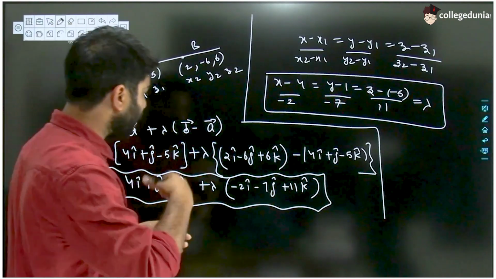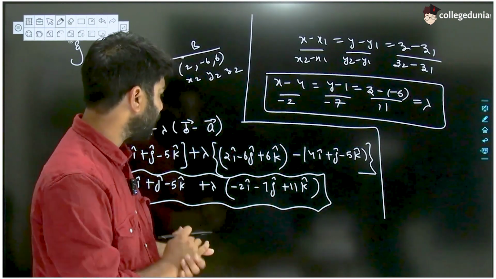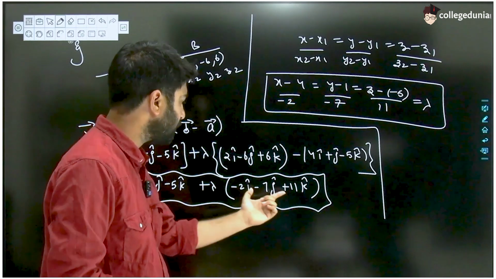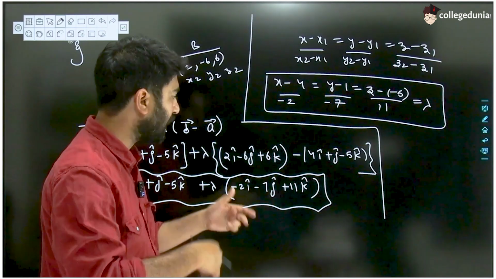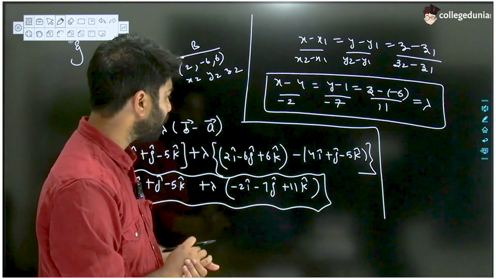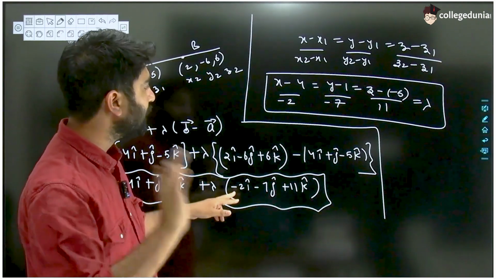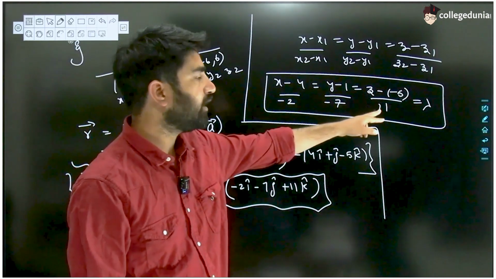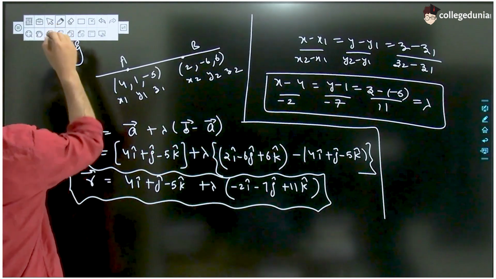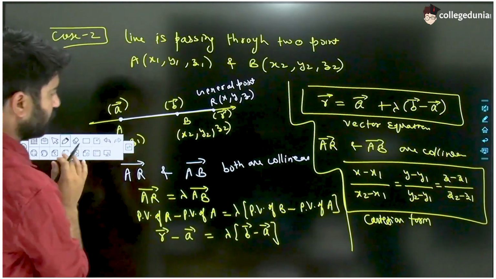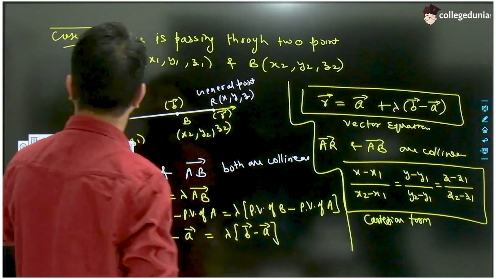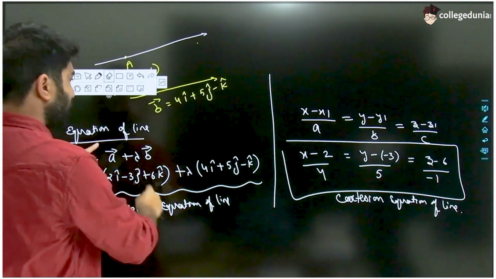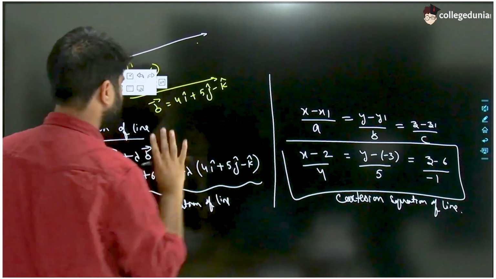And whatever be the coefficients of i, j and k with lambda, they will be in the denominator, like minus 2, minus 7 and 11. Same as in the previous question. You can compare this vector equation and Cartesian equation.